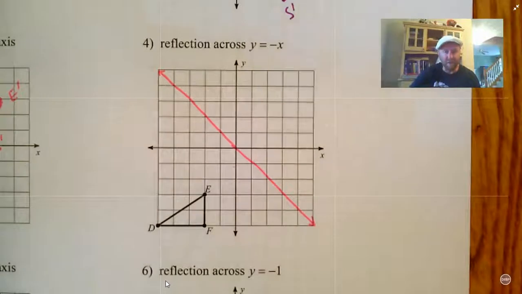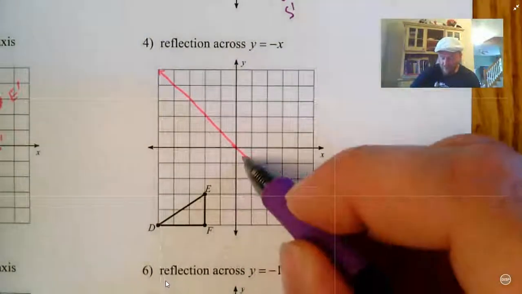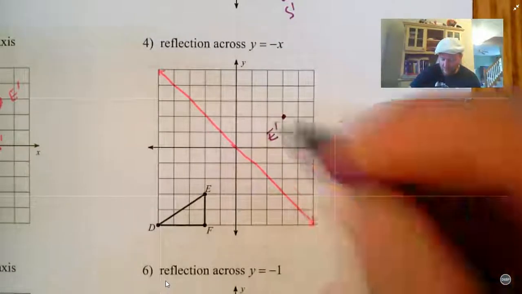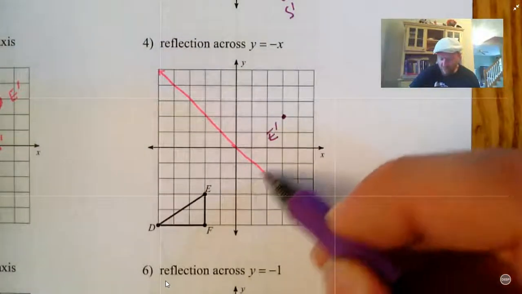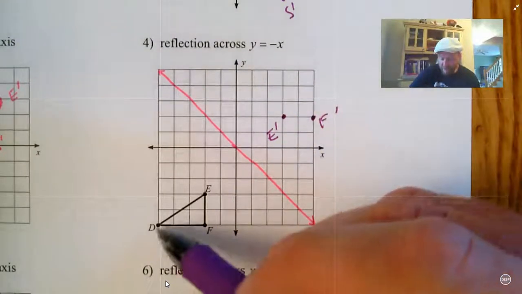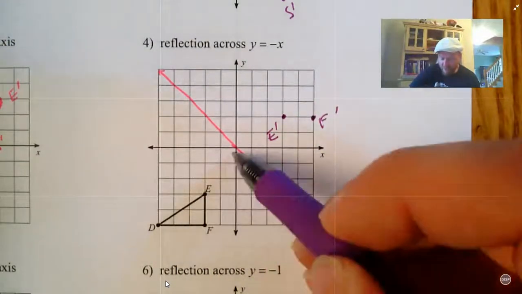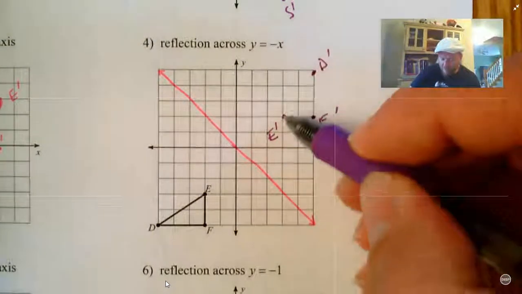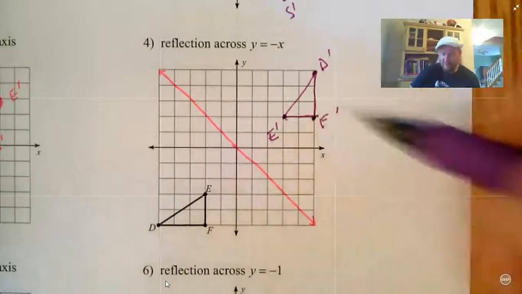It's not a technical term, by the way. So 1, 2, and a half, 1, 2. And there is E prime. F is 1, 2, 3 and a half, 1/2, 1, 2, 3. There's F prime. D is 1, 2, 3, 4, 5, 1, 2, 3, 4, 5 for D prime. Connect the dots, and you're done.